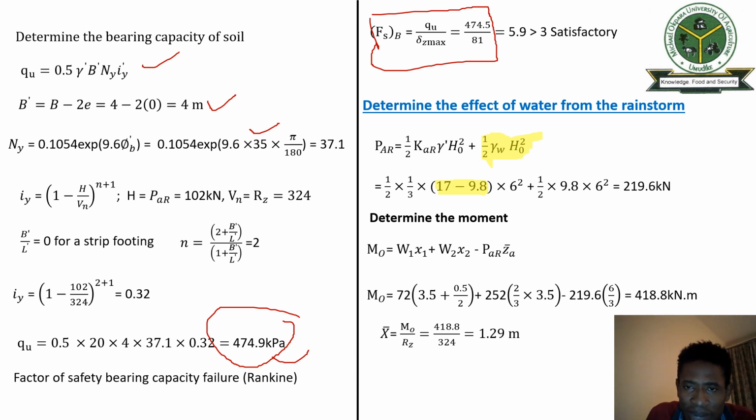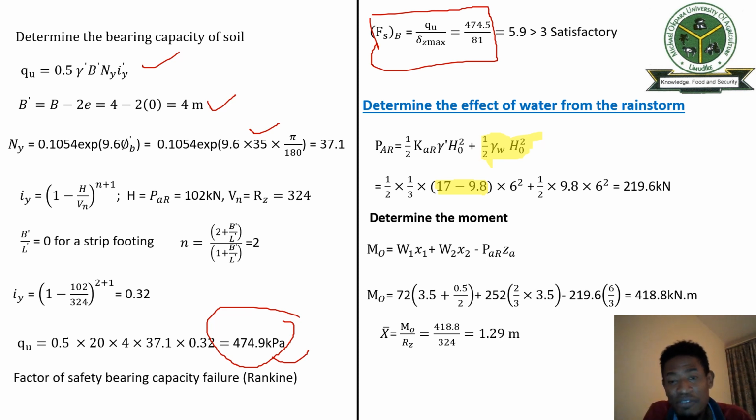So it's the same formula here, but I added this one to account for the pressure coming from the water. Now this is the unit weight of water. This is the height of the wall. This is the effective unit weight of soil, which is the same unit weight you got before, minus 9.8, which is the unit weight of water.